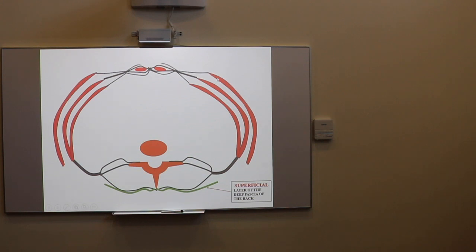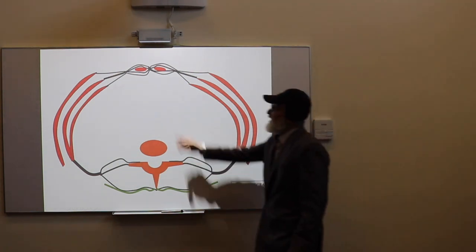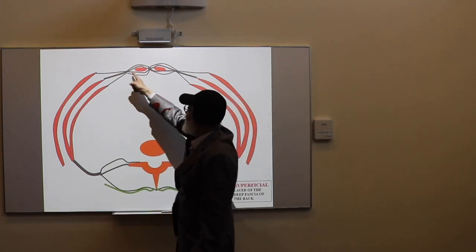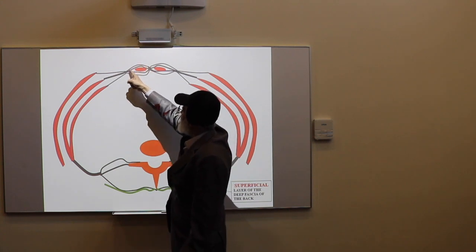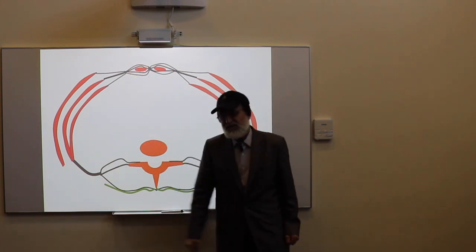External oblique and the aponeurosis will join in the middle here, in the midline, the aponeurosis of the internal and external, to form the linea alba and the rectus sheath, anterior rectus sheath, posterior rectus sheath.